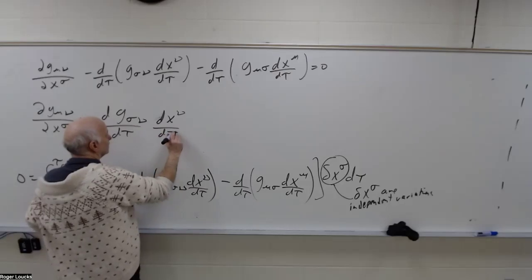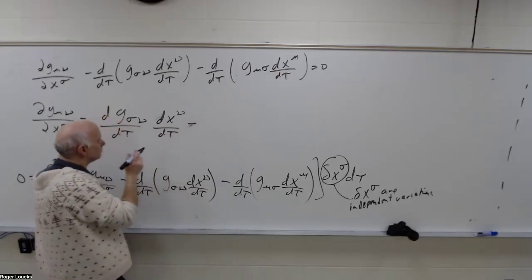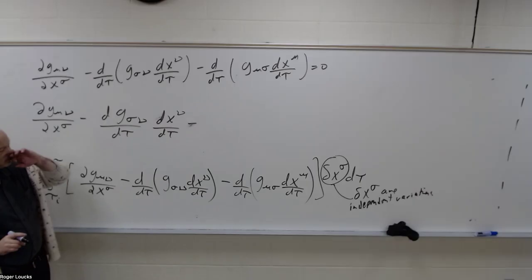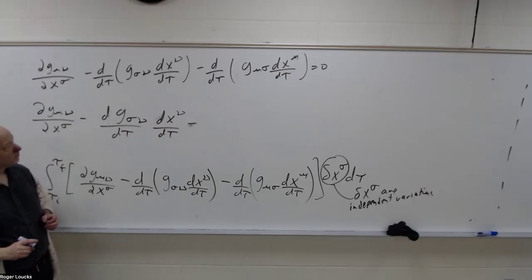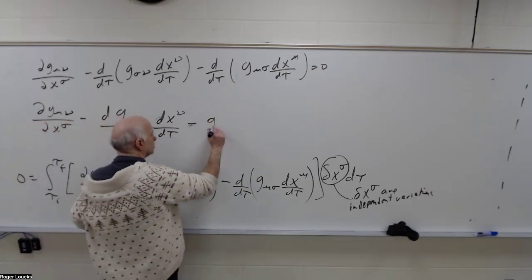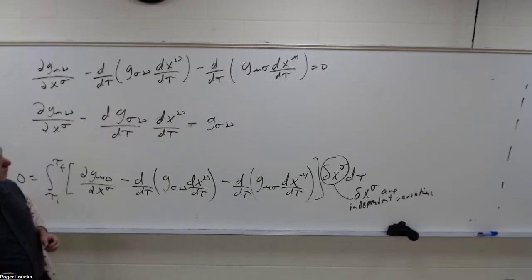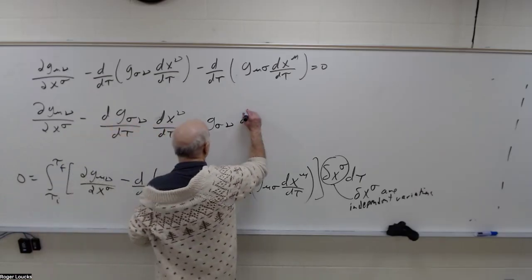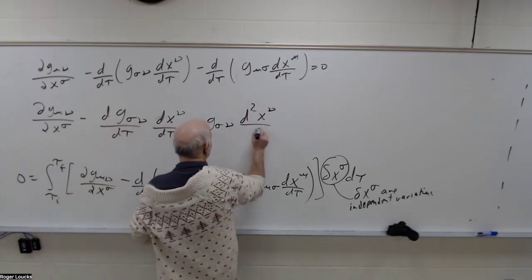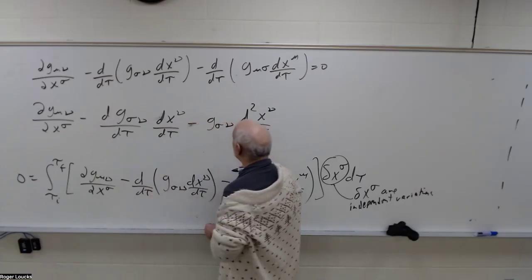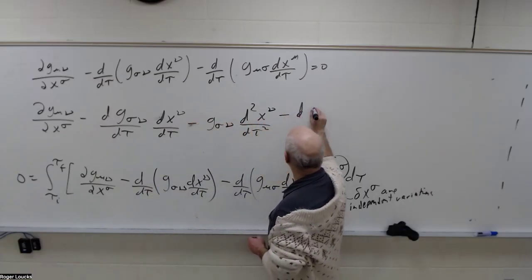What's the next term? G sigma nu. Oh, it's second gear. Second row. Sigma minus 50T. And tau. And likewise for this guy.